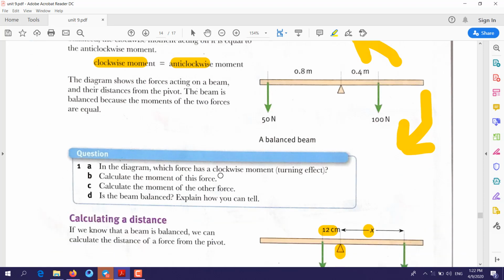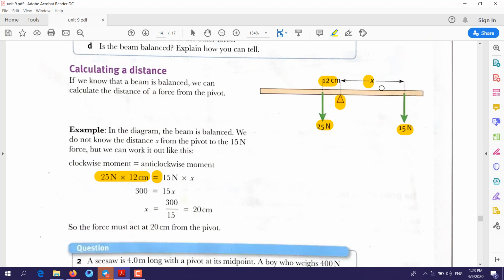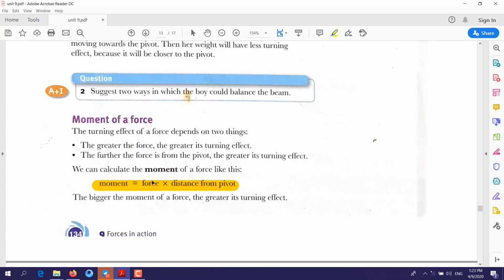The unit for it, you can get the units from the equation. The force will always be measured in Newton. The distance unit is either centimeter or meter, it depends on the question.